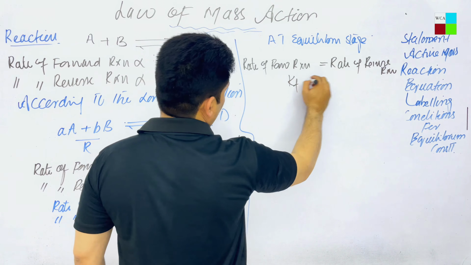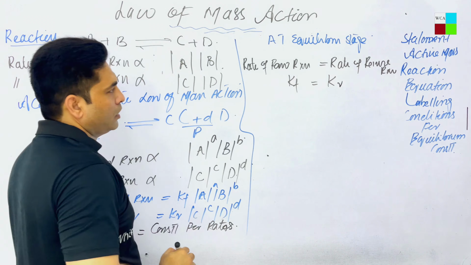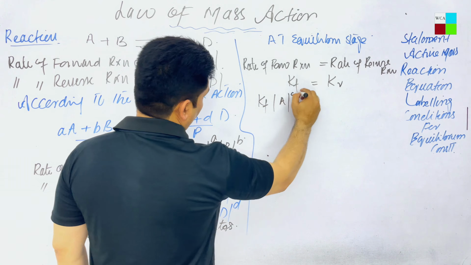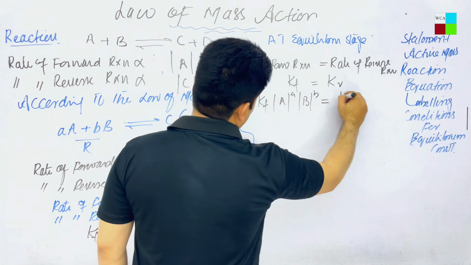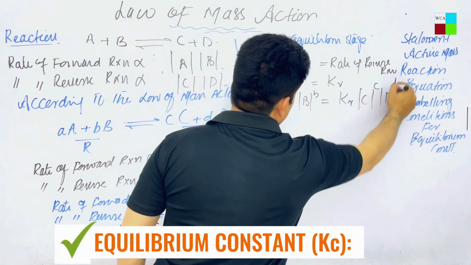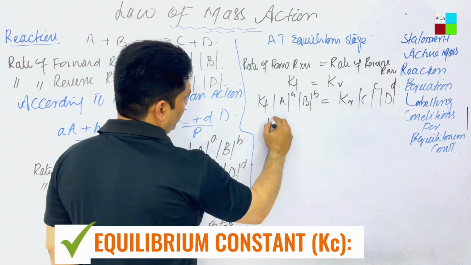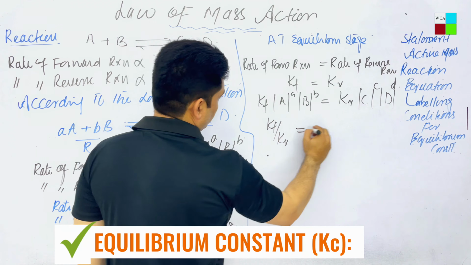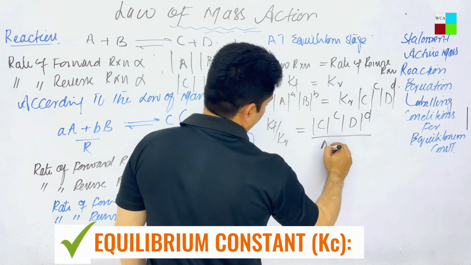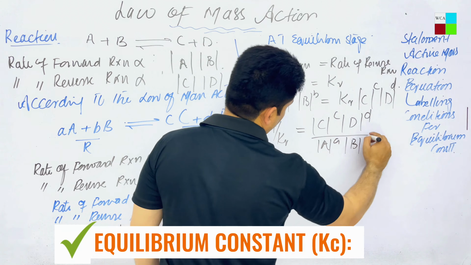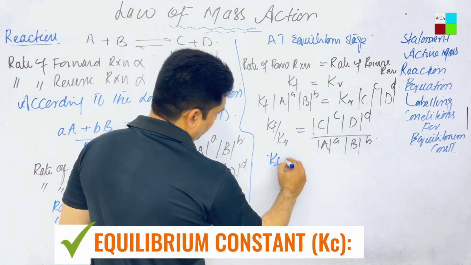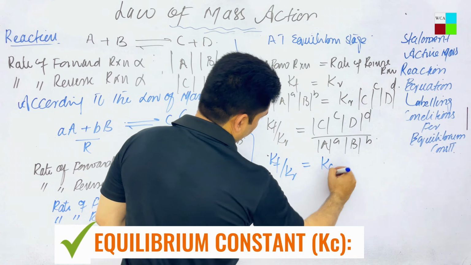Now if we write this, Kf A power a B power b is equal to Kr C power c and D power d. So by cross multiplying we will get Kf by Kr is equal to C power c D power d divided by A power a and B power b. So now you should know that Kf by Kr is equal to Kc.